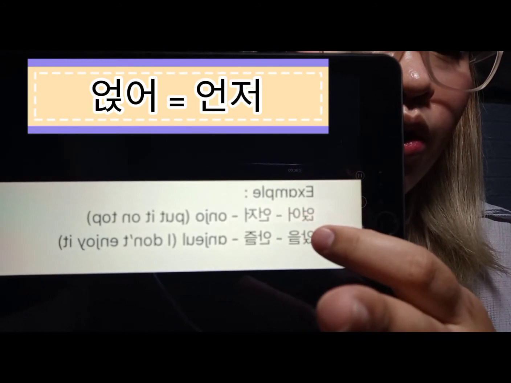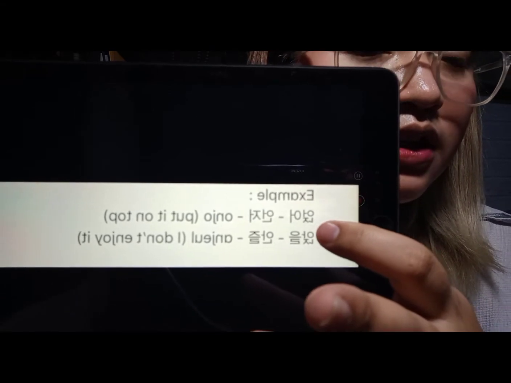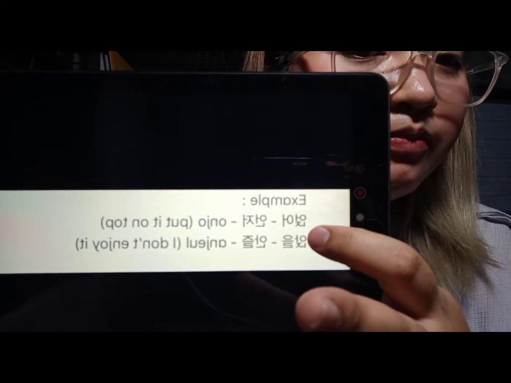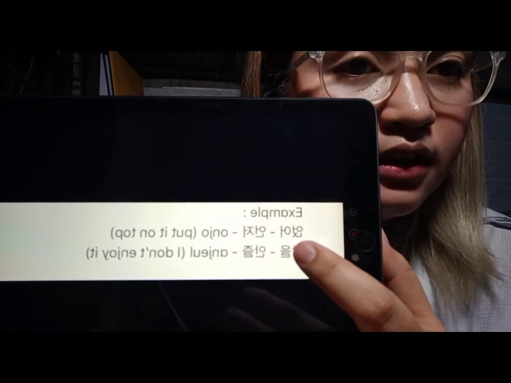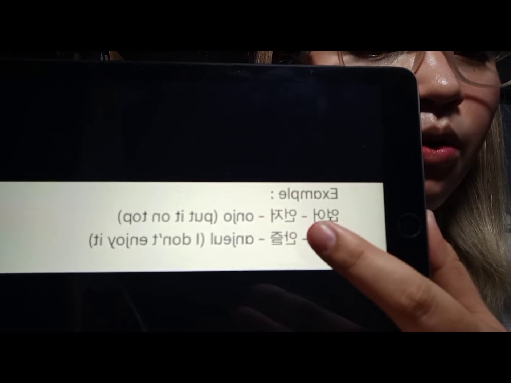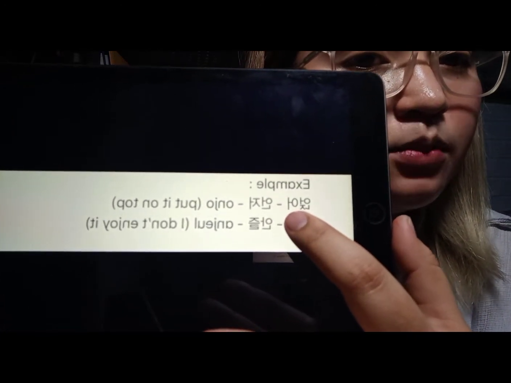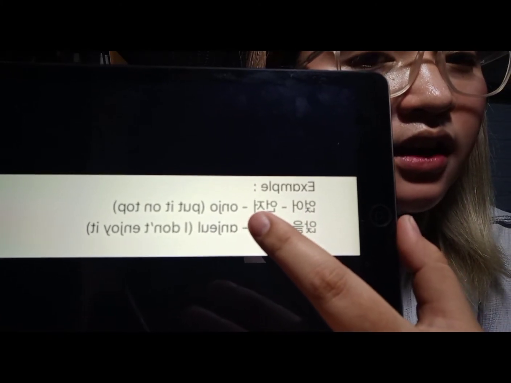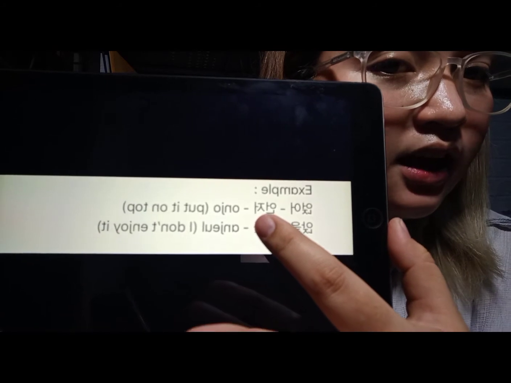Onjo. Okay? 'Di ba? Neon shiyut yung final double consonants, pero yung neon lang yung pinronounce. So, onjo. Tapos dito, sa next syllable is, ayan, naging shiyut na yung initial consonant niya.